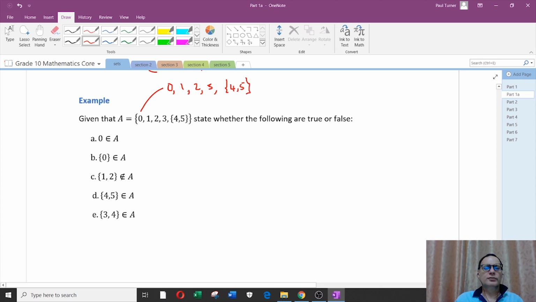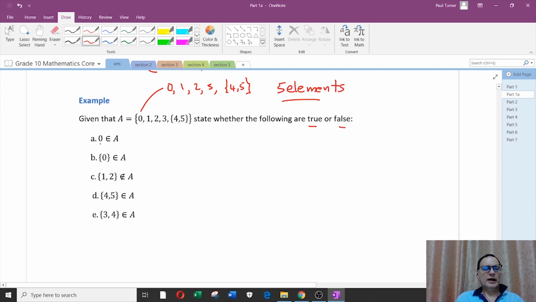So there are 1, 2, 3, 4, 5 elements in this set, and state whether the following are true or false.